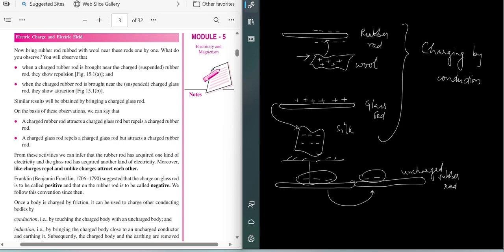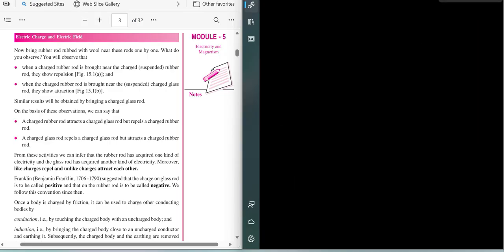Then one more way of charging is called charging by induction. So what is charging by induction? Let us say we have a rubber rod which is charged negatively and I bring a glass rod, not a rubber rod, a glass rod which is not charged, which is an uncharged glass rod near this rubber rod.